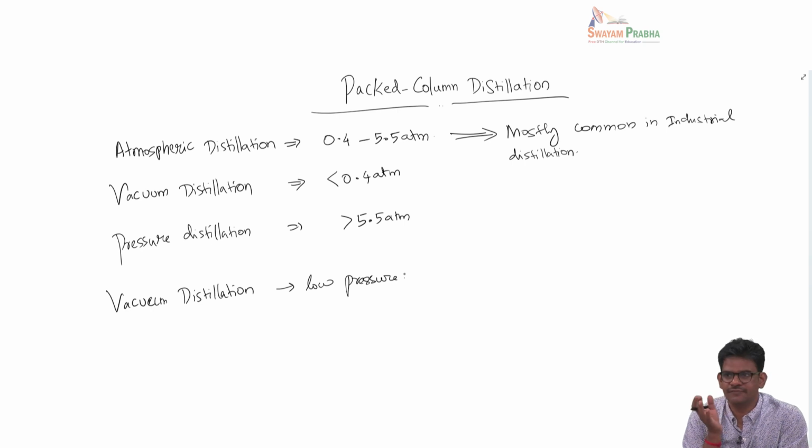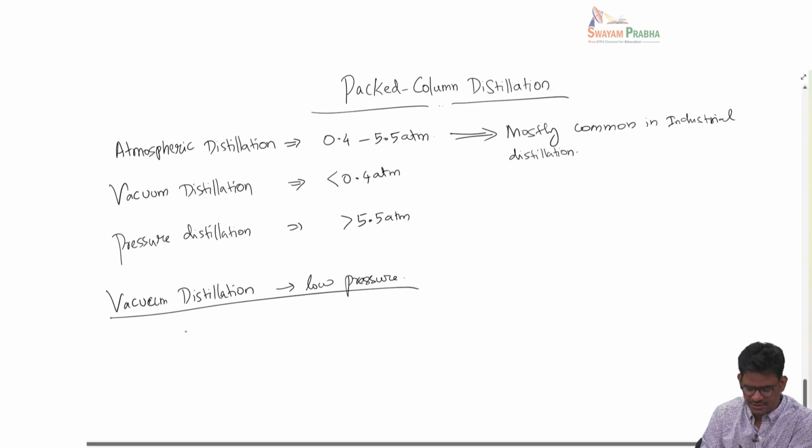This is something you can see from the Clausius-Clapeyron equation. In the same way, for a binary mixture of A plus B, if you operate the distillation at low pressure, the corresponding boiling points will also come down. So the main motivation for vacuum distillation is to bring down the boiling temperature.